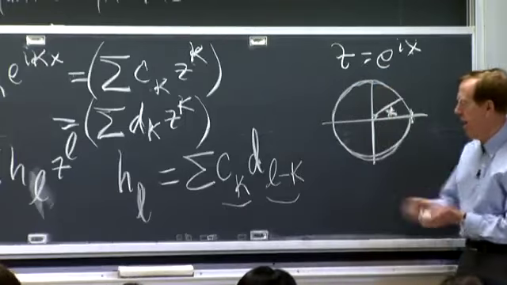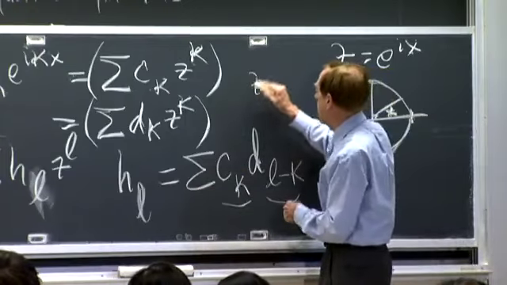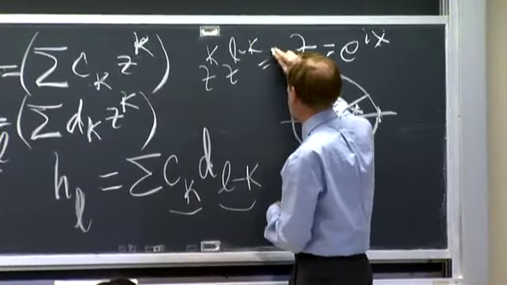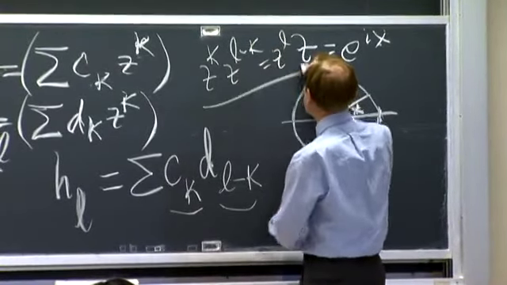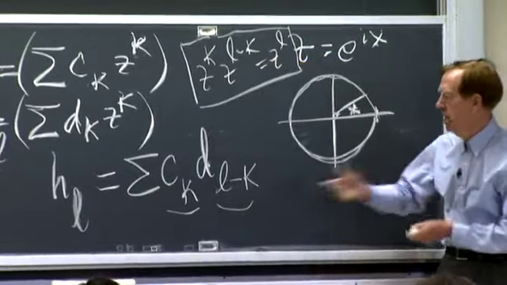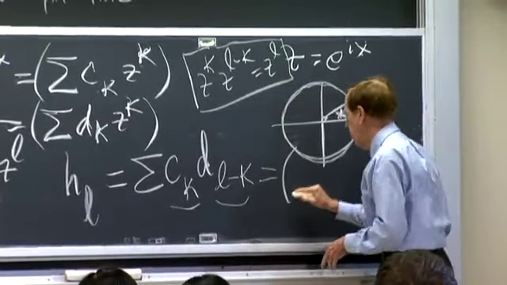K and L minus k adding to L, simply because z to the k times z to the L minus k multiplies to z to the L. Same thing, right? Okay, now I'll use that notation.